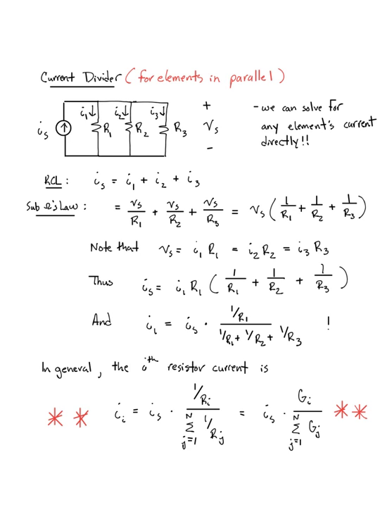So we can write this one in 2 different ways. The ith resistor current is Is times 1 over Ri over the sum of the reciprocals. In other words, it's the conductance over the sum of the conductances. So this looks similar to the way capacitors in series work. Resistors in parallel combine in a like manner as capacitors in series.